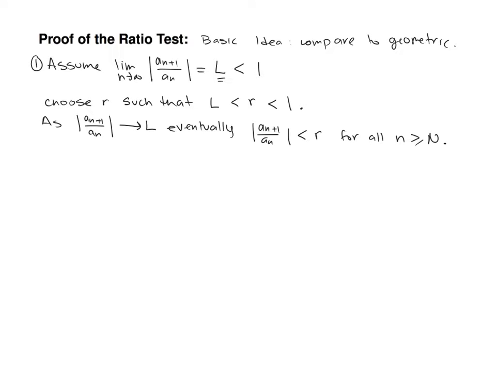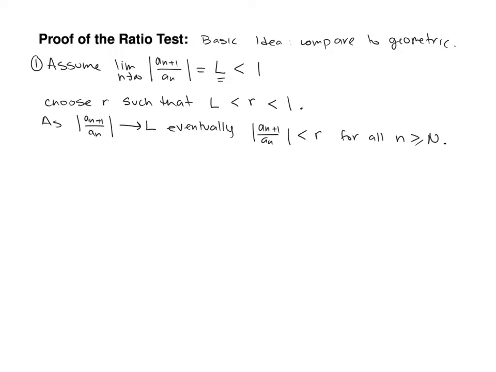What's the capital N? A capital N is like a number in your sequence. So you have this list of a_{n+1} over a_n's. They're approaching this number L. And if you go far enough out, eventually that ratio is less than that r number. So it's like saying that once I go past like 100, then from 101 on, that ratio is less than that r number.